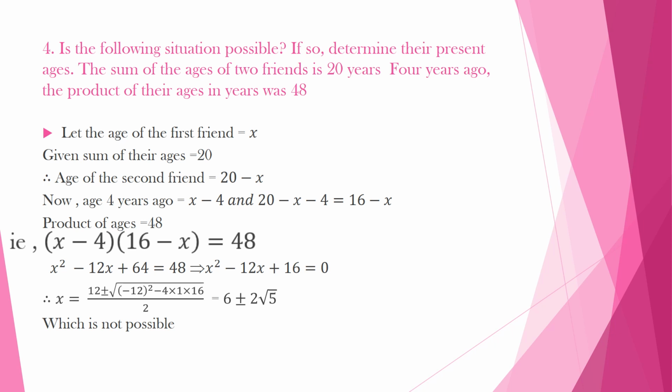Applying the quadratic formula, negative b plus or minus root of b square minus 4ac by 2a, we have 12 plus or minus root of negative 12 square minus 4 into 1 into 16 by 2. Simplifying, finally we have the answer 6 plus or minus 2 root 5, which is not possible for the age.